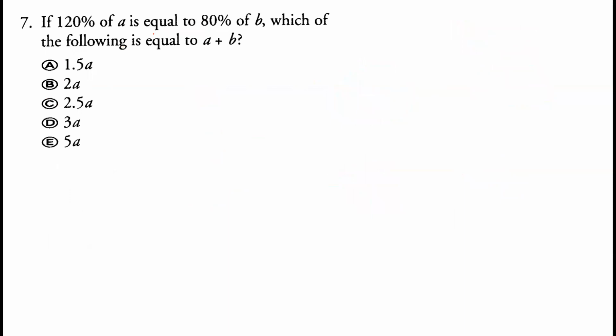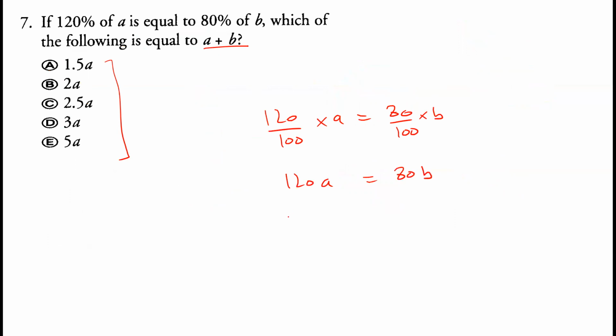Now, if 120% of A equals 80% of B, so 120 over 100 into A equals 80 over 100 into B, which of the following is equal to A plus B? Now, A plus B is to be written all in terms of A, so we need to eliminate B. So we can say 120A equals 80B, and we can also say that 120 divided by 80 times A equals B. Now, if you want to find A plus B, let's add A to both sides.